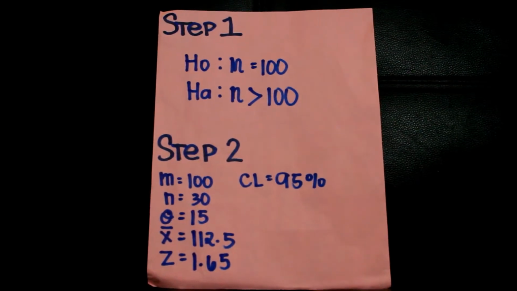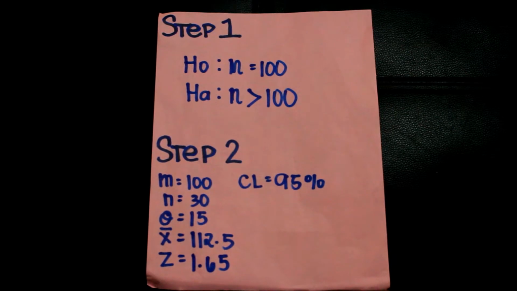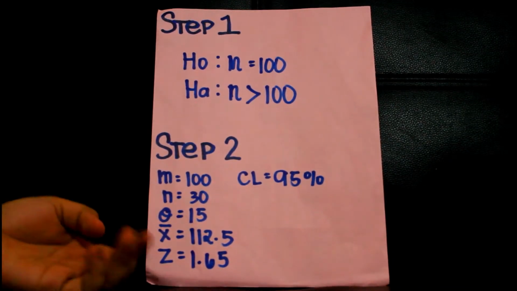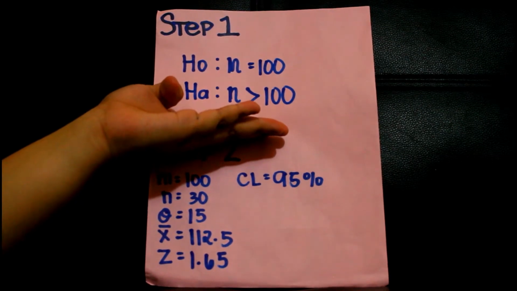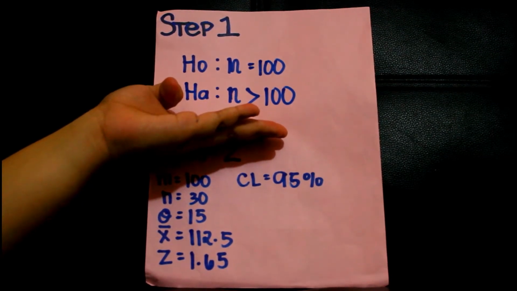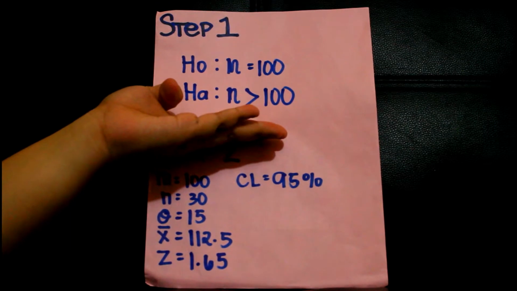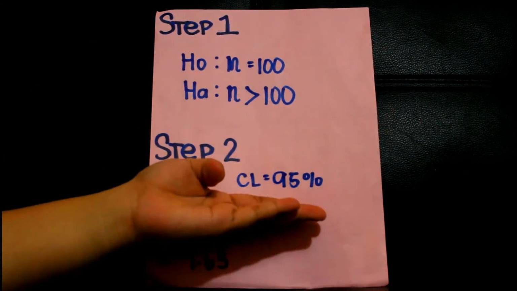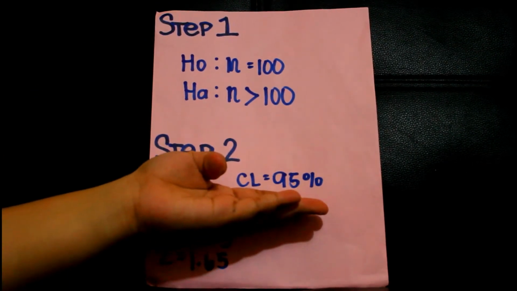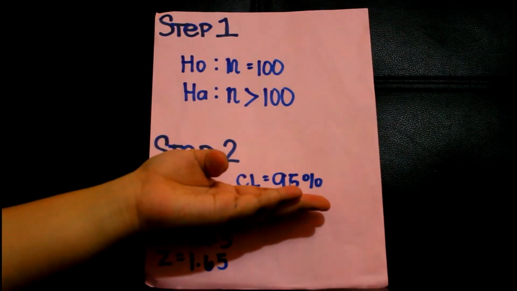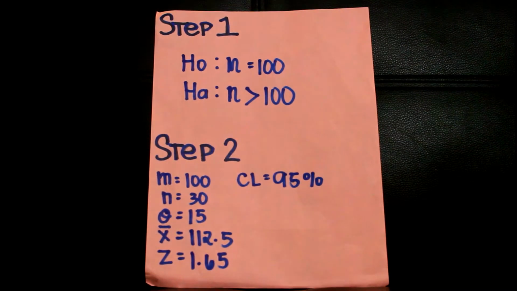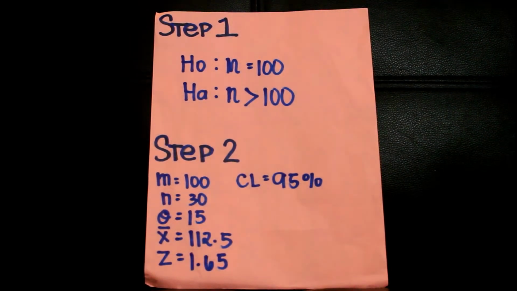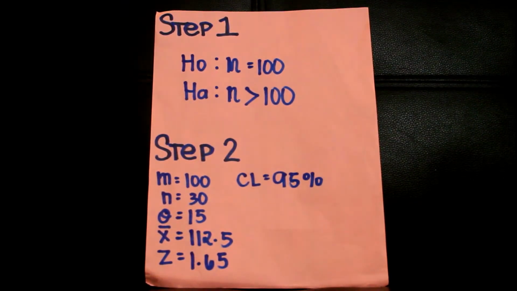After we identify the said elements, we need to find its Z-score. Look again at the alternative. The sign of it is greater than, so it means that this is a one-tailed test. We have a confidence level of 95%, so the 5% left is our basis to find the Z-score. Convert the 5% into decimal. The answer is 0.05.